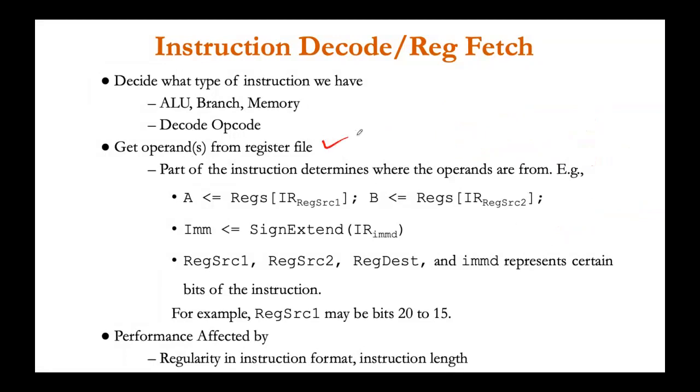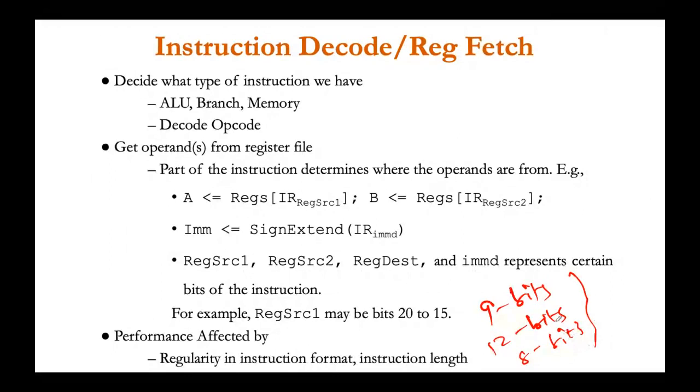So operands will be taken from the register files, and performance is affected by the regularity of your instruction format and instruction length. In our previous case, we used 9 bit instructions; some may have 12 bit instructions, some 8 bit. If the bits change, meaning lengths change, it is a complex instruction set computer.